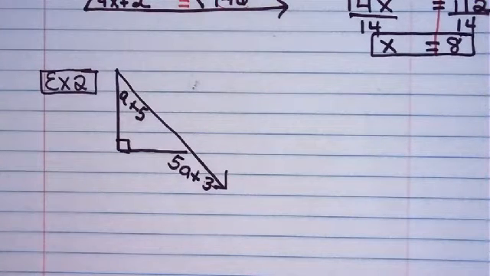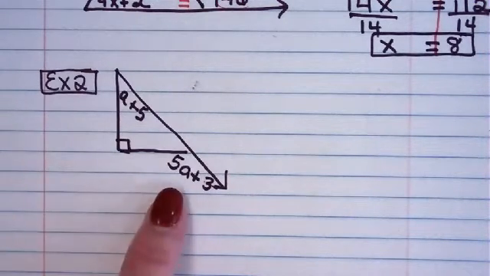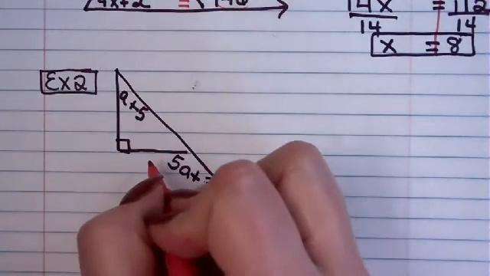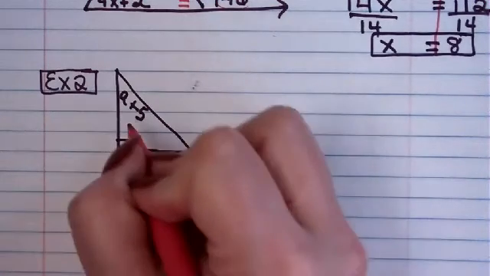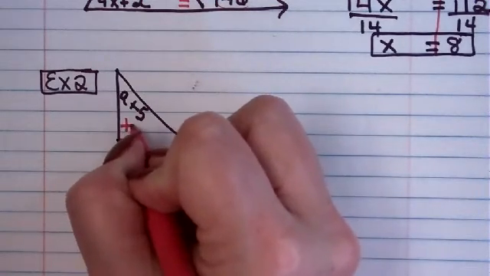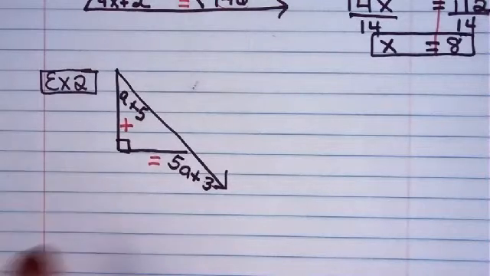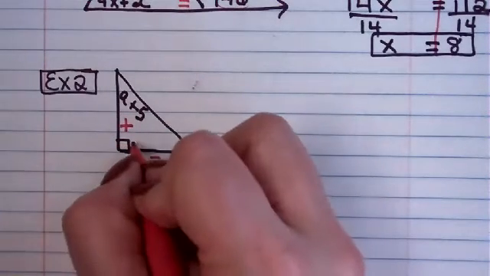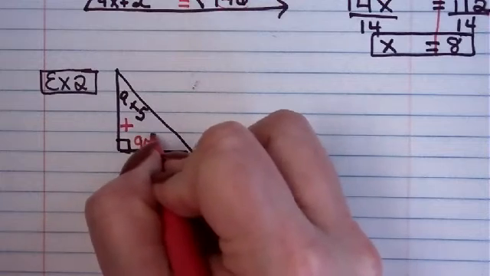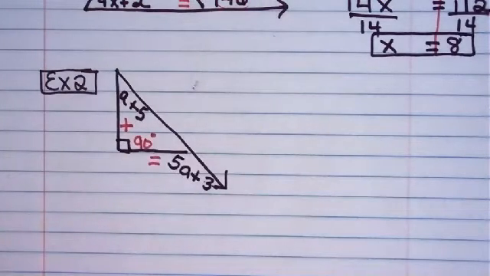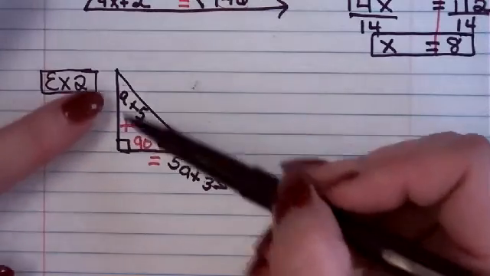Now, what do we know? We know this exterior angle is going to be equal to these two angles added together. Now, by the way, what is that angle right there? What's the right angle so we know it's really what? 90 degrees? Okay, so now let's add these two interior angles right here.